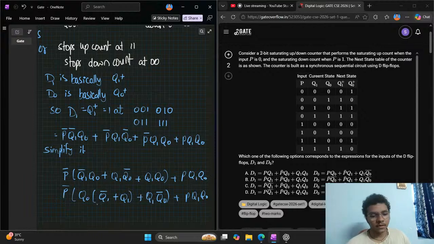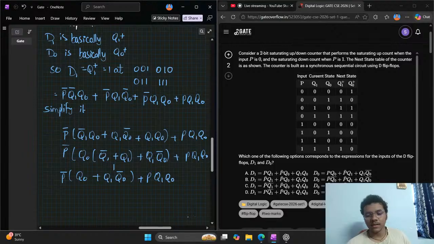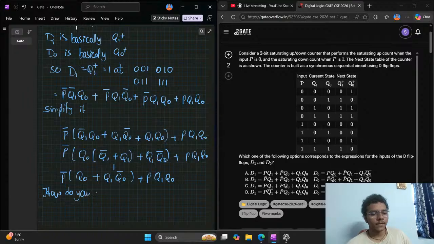Q1 bar plus Q1 is 1 all the time. So P bar Q0 plus Q1 Q0 bar plus P Q1 Q0. Do we have any? Alright. How do you simplify Boolean expressions?